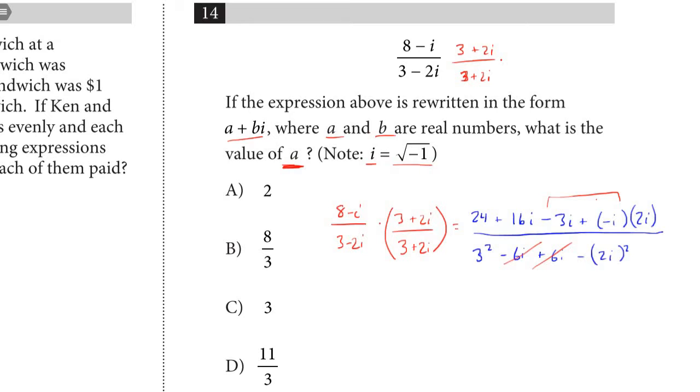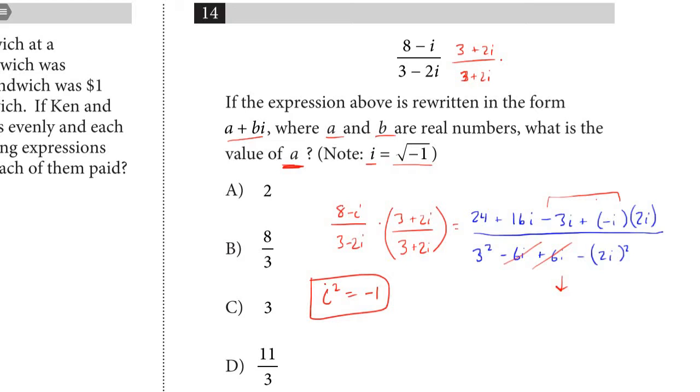Alright, cool. So let me rewrite that. You want to actually remember the fact that i squared is equal to negative 1. So knowing this, wherever we see an i squared, we're going to change that to a negative 1.